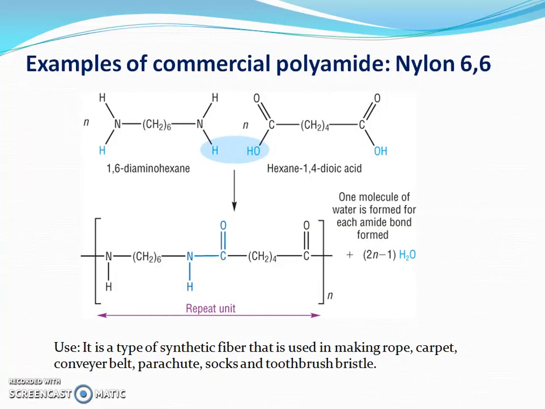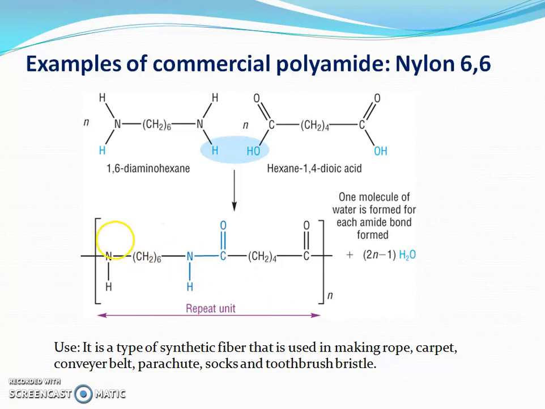Now, here an example of a commercial polyamide is shown, which is the nylon 6,6, and the monomers that are involved are 1,6-diaminohexane and hexane 1,6-dioic acid, and they condense with the elimination of ammonia to form this repeat unit, which is repeated n times. Now, why is the name nylon 6,6?